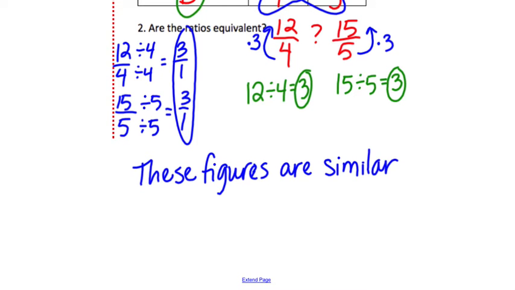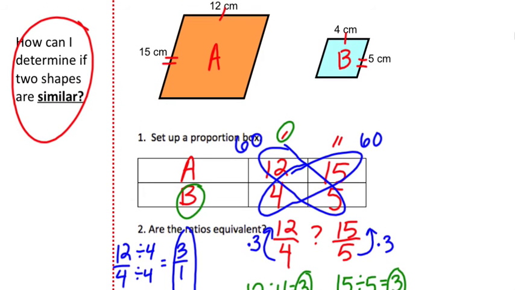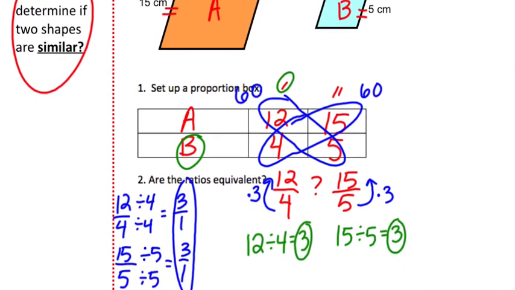They're similar because they are the same shape, different size, and they are proportional.